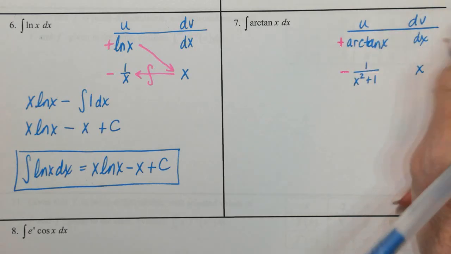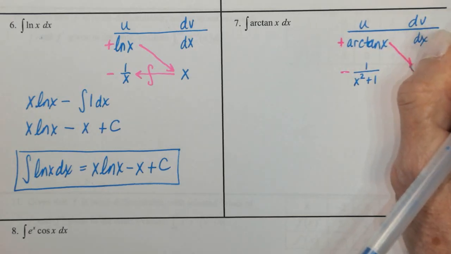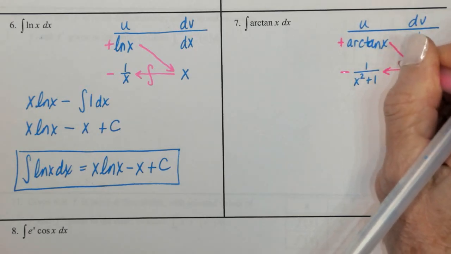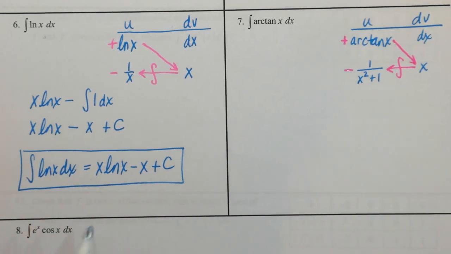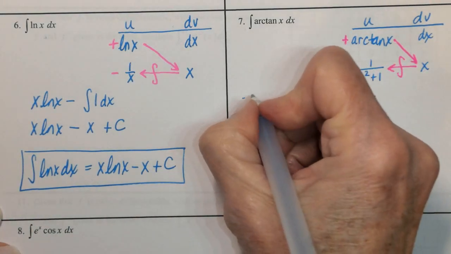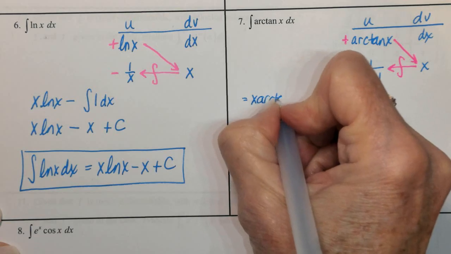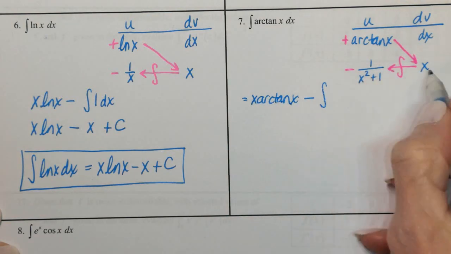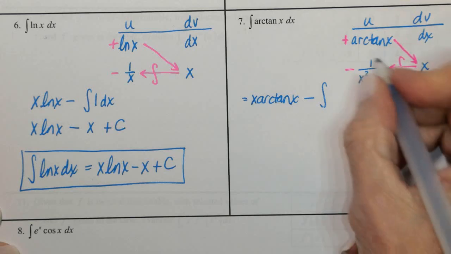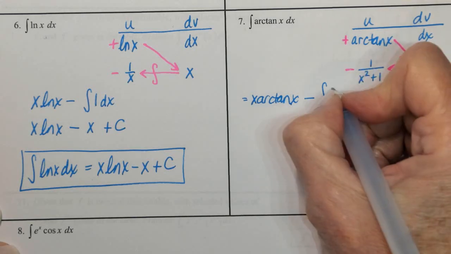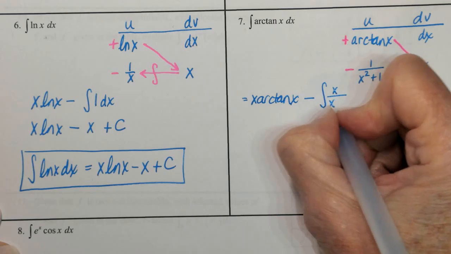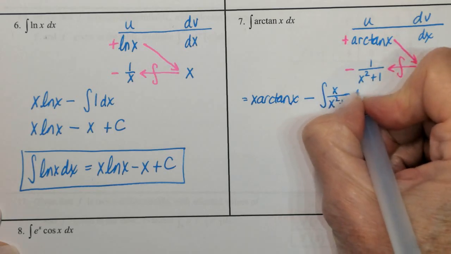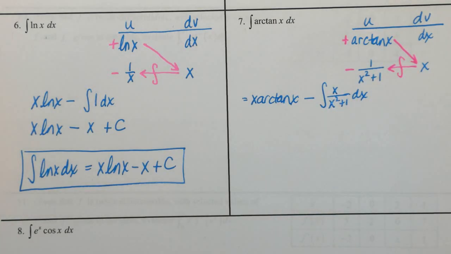Plus, minus, multiply diagonally, integrate horizontally. So we get x arctan x minus the integral of x times 1 over x squared plus 1. So x over x squared plus 1 dx.